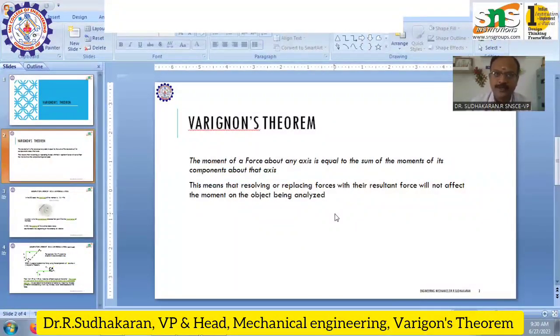So if you determine the resultant of all the forces and you determine the moment of the resultant, and if you equate it to the sum of the moments of each individual force, that will be equal.